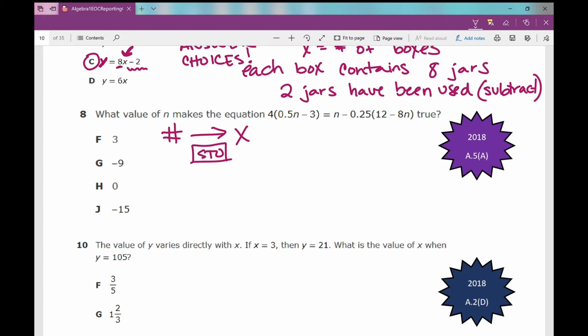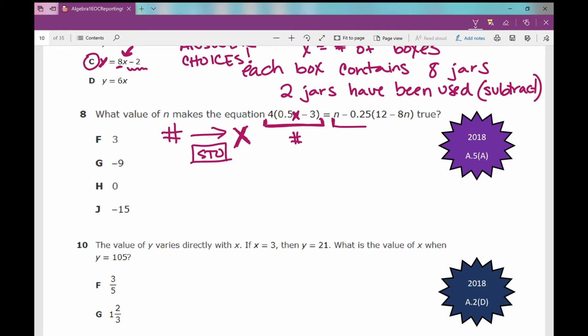So we go through our answer choices. When I enter this over here on my home screen, do you see how I stored in this number for x? It's a lot easier to type in an x on your calculator than it is an n, so you can just replace this variable with x. When I type in that, I'll get a number when I store in the correct answer.